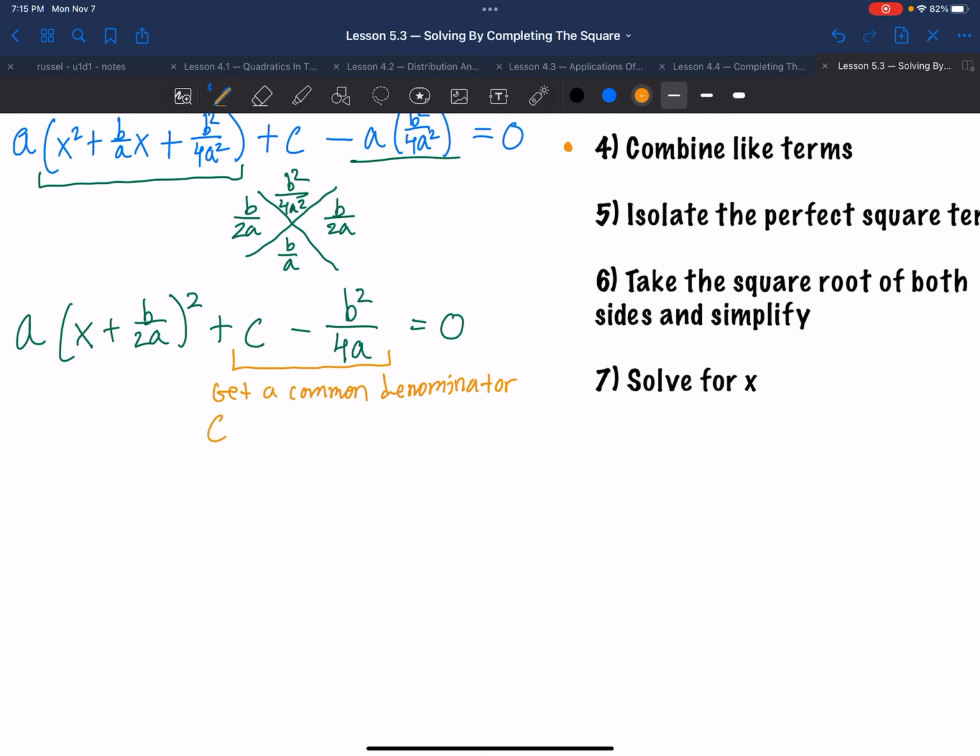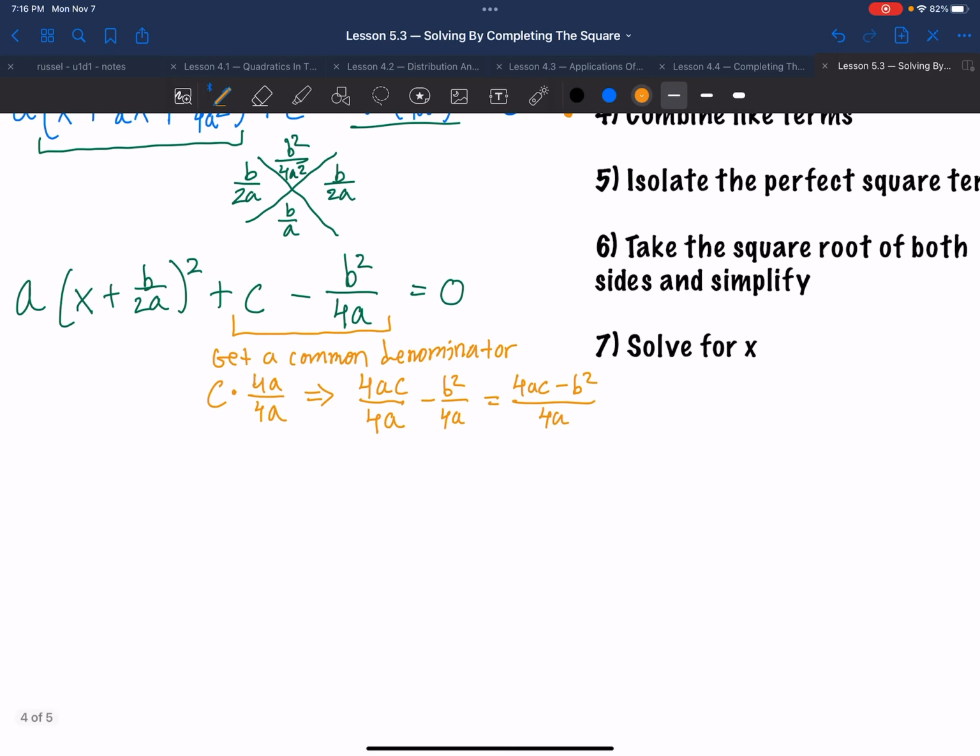If I say C times 4A over 4A, this tells me I've got 4A times C over 4A minus B squared over 4A. Well, that just becomes 4AC minus B squared over 4A. Hooray, look at that.